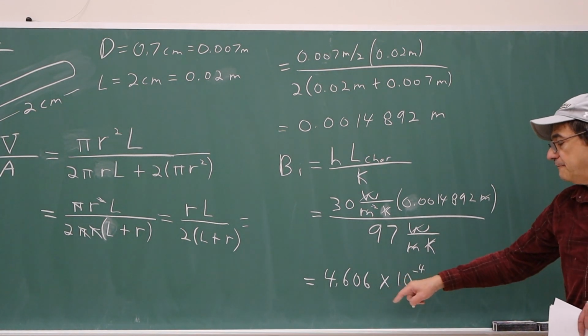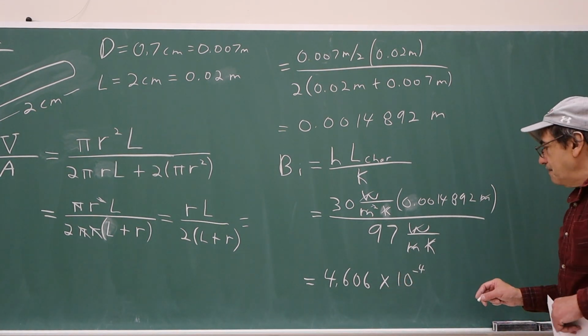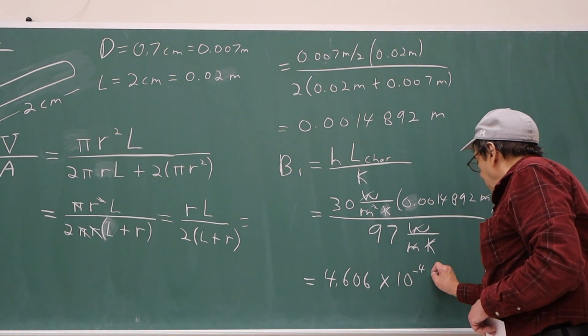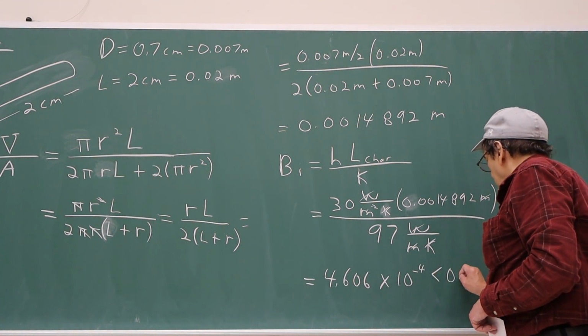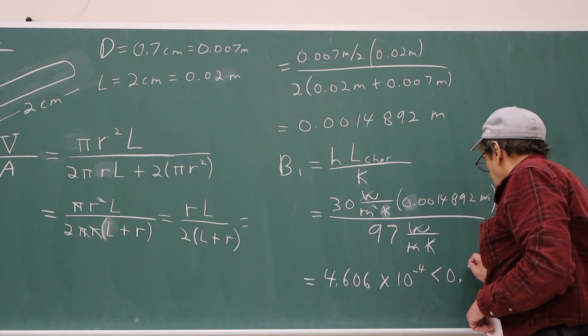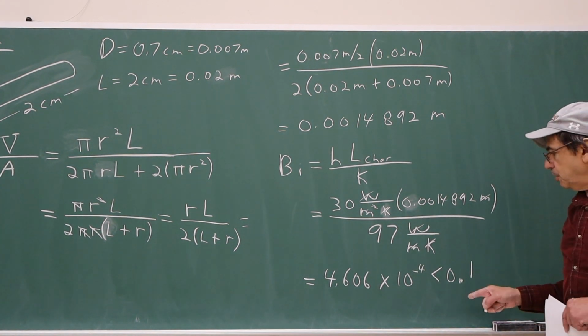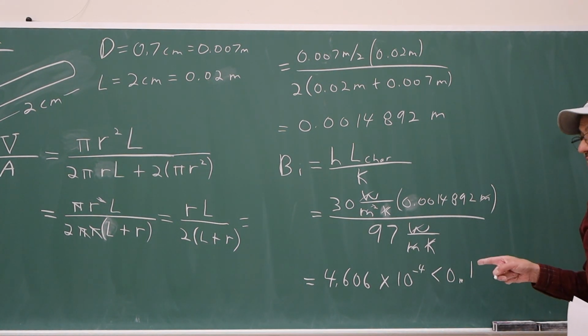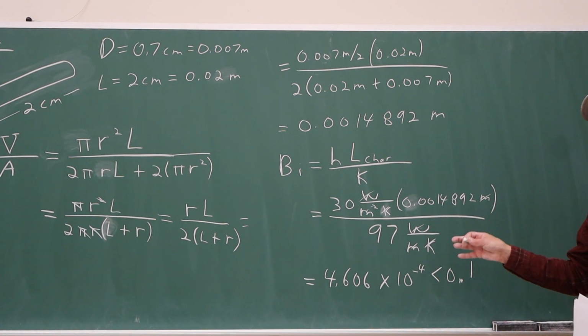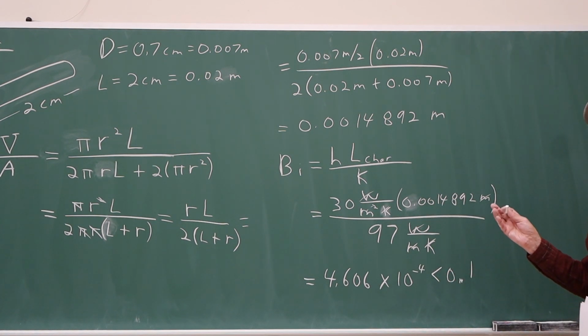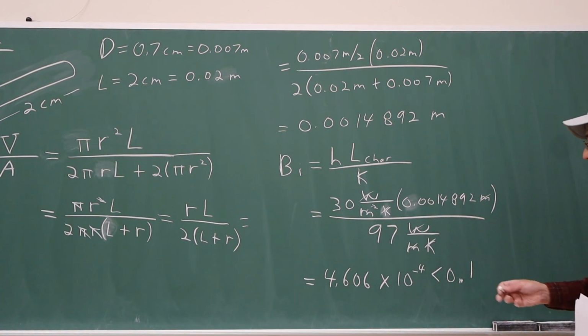And notice what we have here. We have a number much less than 0.1. And so if your Biot number is much less than 0.1, that means that this problem is a candidate, a good application for a lumped system.